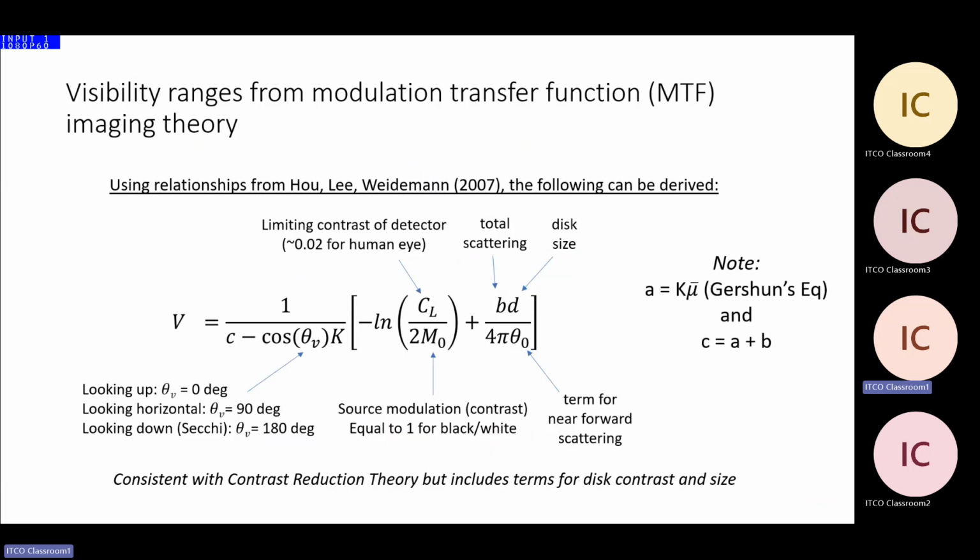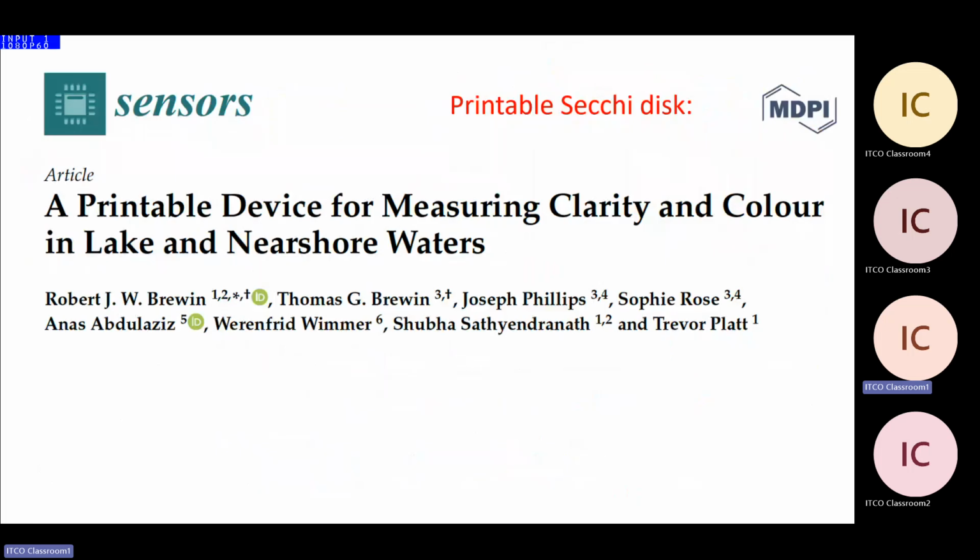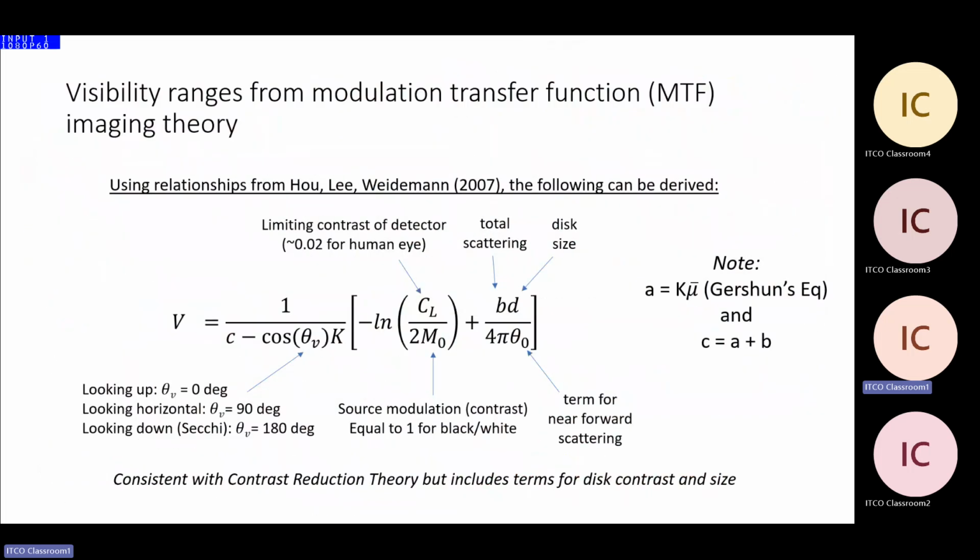Ultimately, it's currently a little controversial. Personally, I think this algorithm works well for the global data set, but let's go back to the other one. If we use the right K, see what happens on all the global data sets: systematically the wrong K, in my opinion, as far as contrast reduction theory says in its formulation, has been applied.